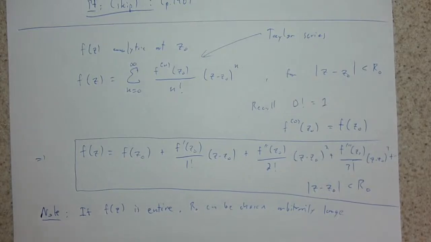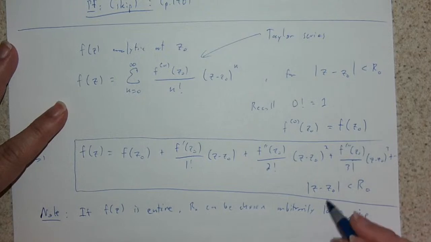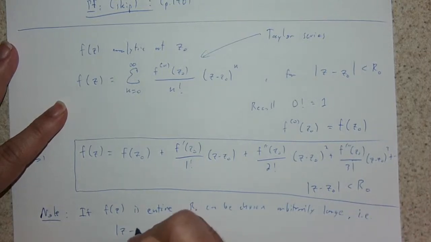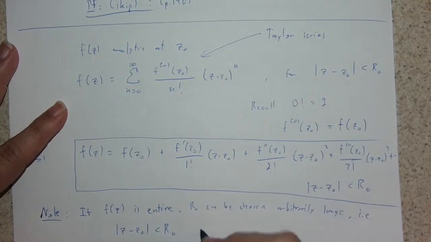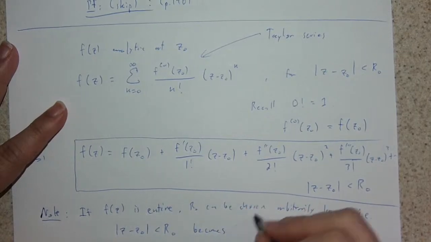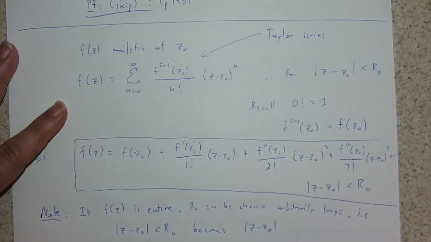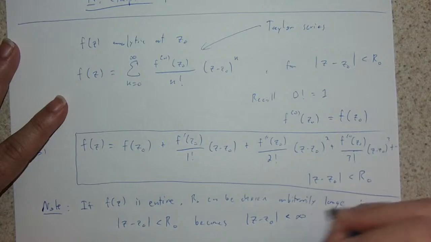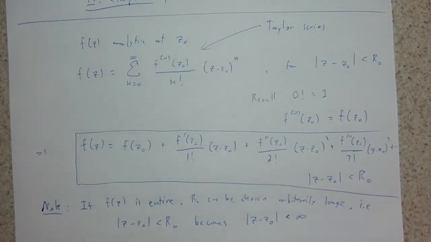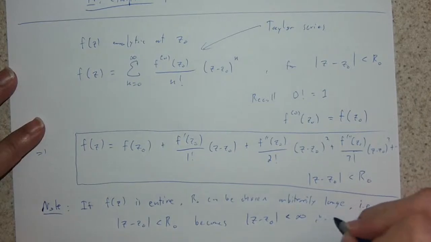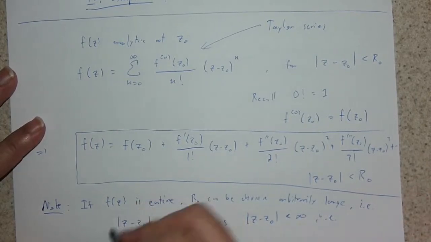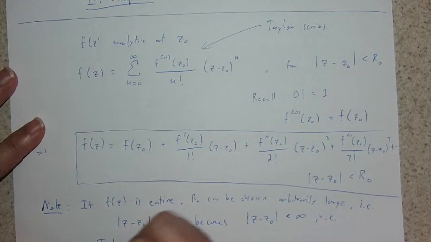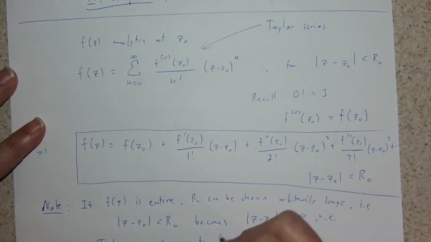I.e., this condition becomes all z such that the modulus of z minus z0 is strictly less than infinity, i.e., the Taylor series converges to f of z for all z, right?